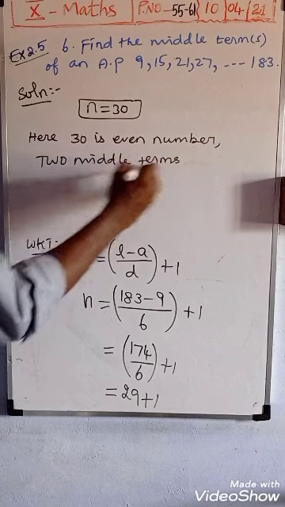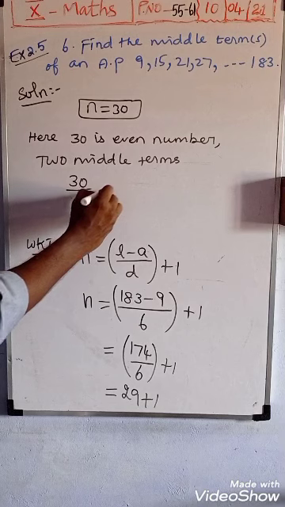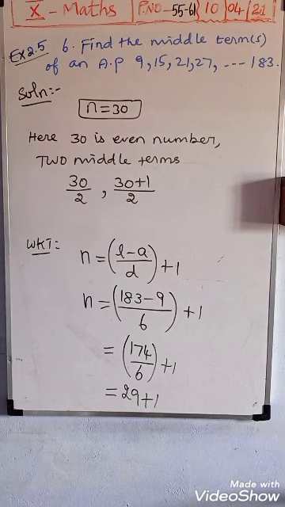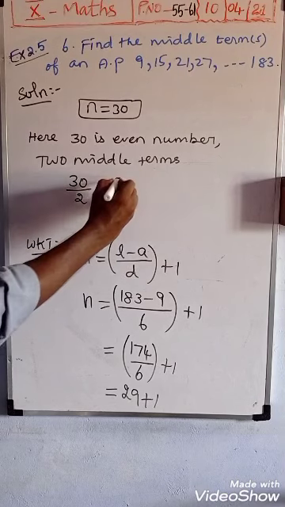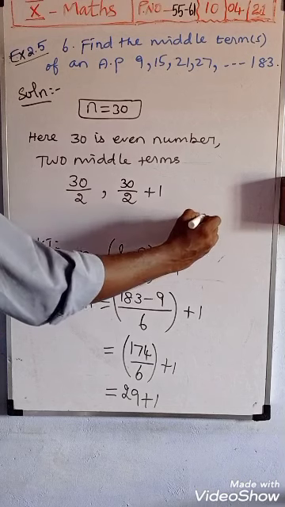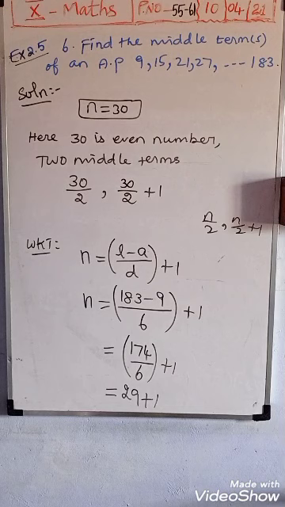That is the (30 by 2)th and the (30 by 2 plus 1)th terms. For middle terms, the formula is N by 2 comma N by 2 plus 1.